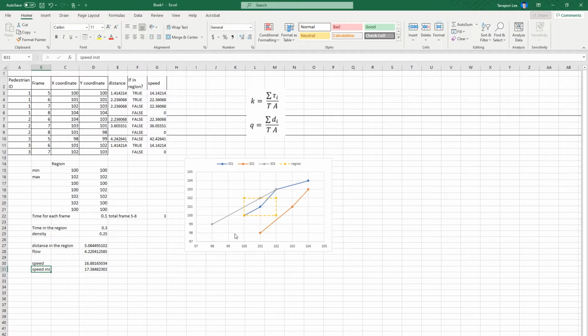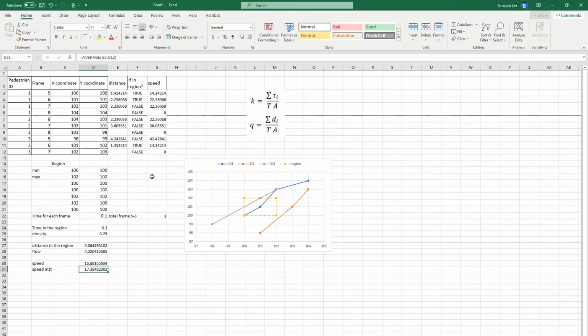from the entire simulation. Now we don't have the regions that we calculate. So this speed comes from just the entire population, the entire simulation. We don't consider just these regions, but the speed from the relationship between flow and density is what we measure within this region. So that's why they're a bit different.